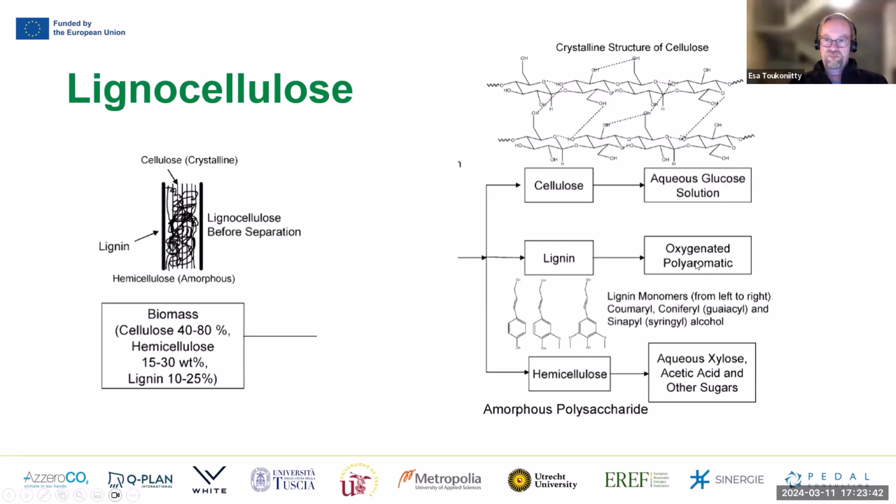It's a sugar solution. Lignin, the aromatic part, can be broken into these polyaromatic or aromatic functionalities. And hemicellulose, because it's made out of several different sugars, one can break it into xylose and other sugar components.